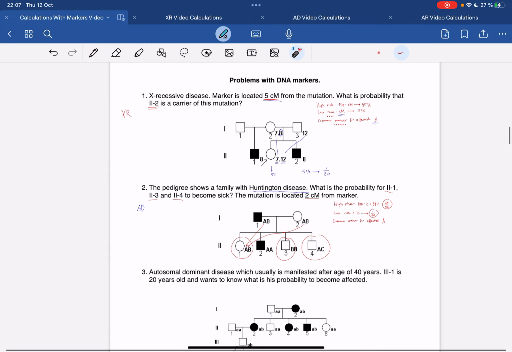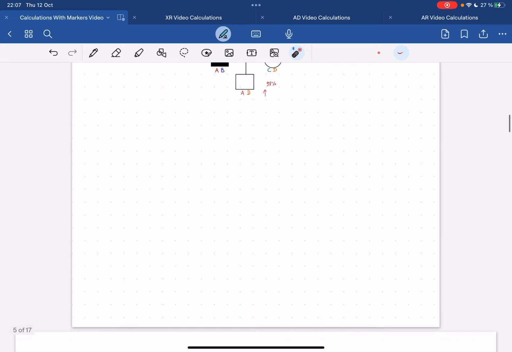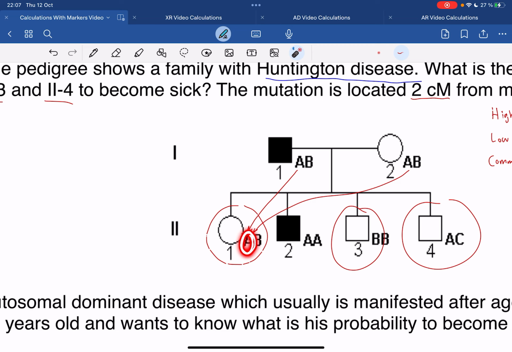And again, if we are unsure of something, if the child doesn't have any telling markers or we don't know which marker the child has gotten from which parent, there's an unknown risk of crossing over, meaning we revert back to 1/2 of parent probability. So in our case here, we don't know from whom this A has come.